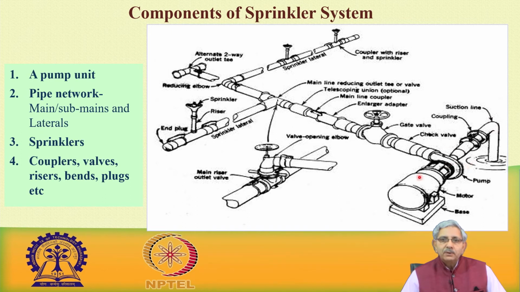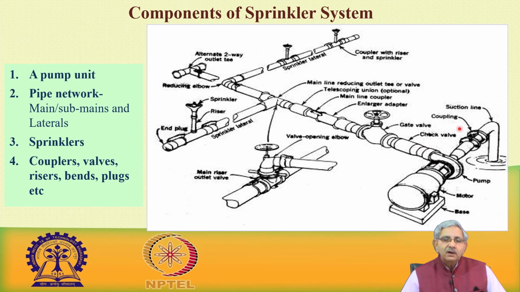Now, this pump here, what you see, is coupled with an electric motor. This can again be operated by some prime mover, maybe a gasoline or diesel engine. This is the suction end of the pump, and this is the delivery end of the pump.